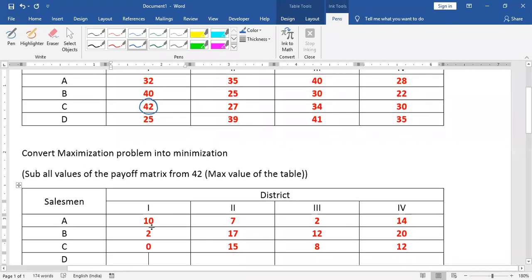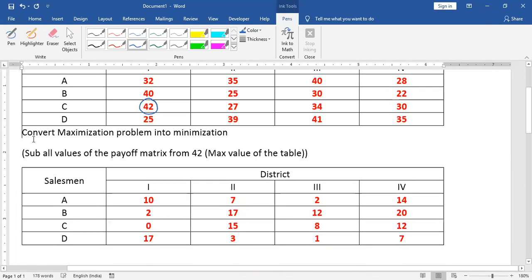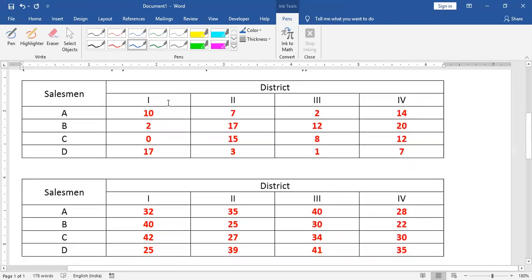And 42 minus 25 is 17. 42 minus 39 is 3. 42 minus 41 is 1. 42 minus 35 is 7. So we converted our maximization problem into a minimization problem, right? Now this is a problem of minimization.